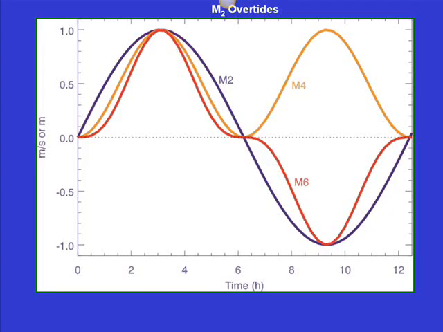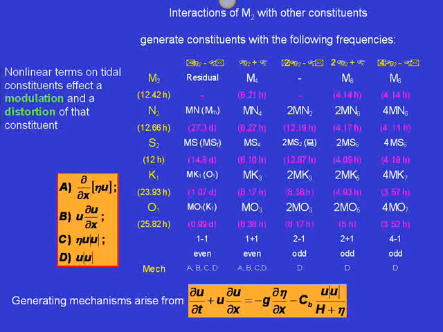So the direct overtides of the M2 look something like this. There's the M2 in blue, and the M4 is in orange. Notice, is this an odd or an even harmonic? If you go back to the table that we had before, the M4 is even, right?